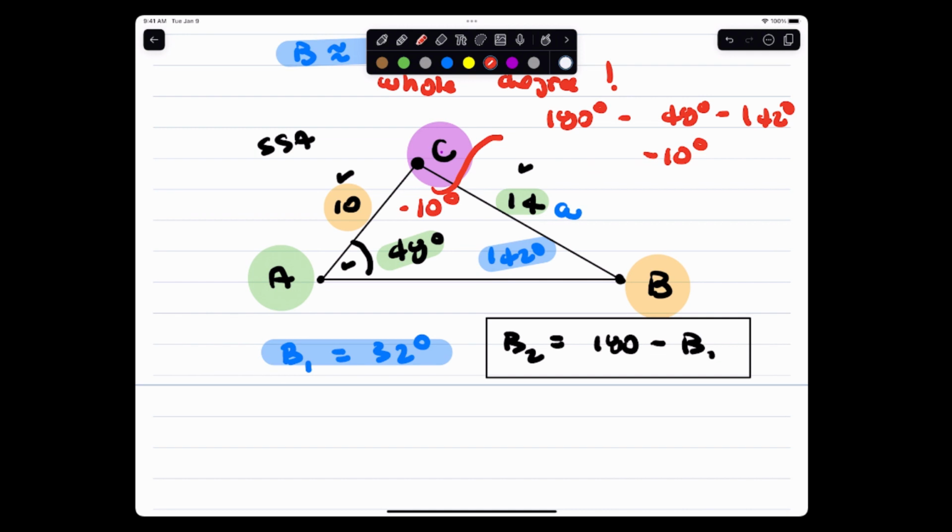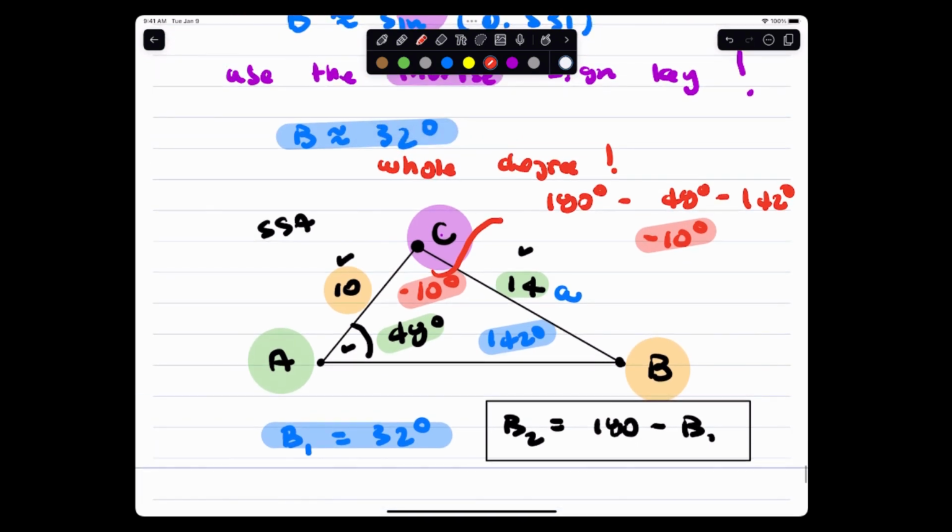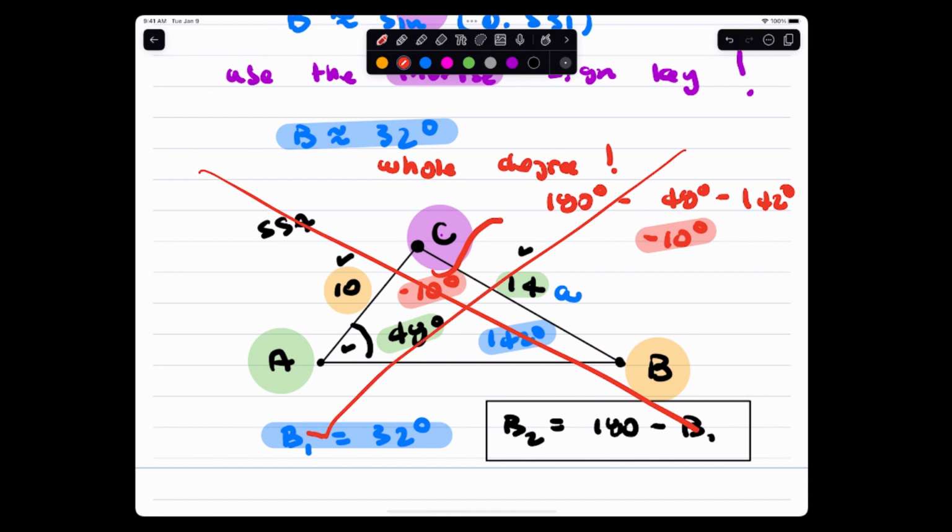Now, what do you guys know about this? What do you guys know about that angle? It can't be negative. Outstanding. So what does that actually mean since we actually went through the steps? What does that mean about that solution? Well, it doesn't make sense.